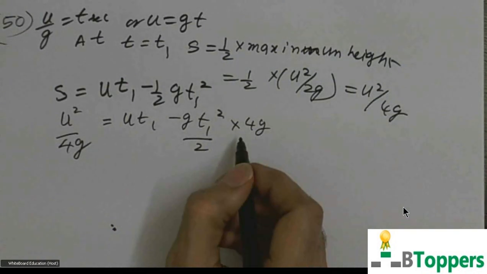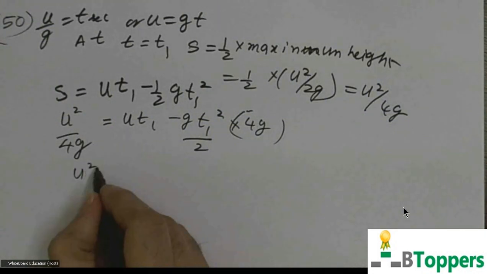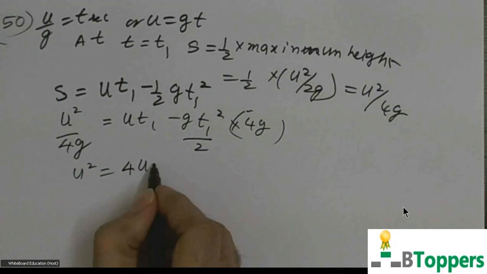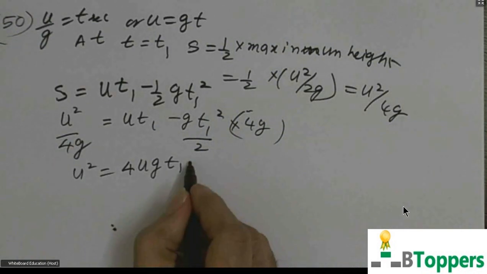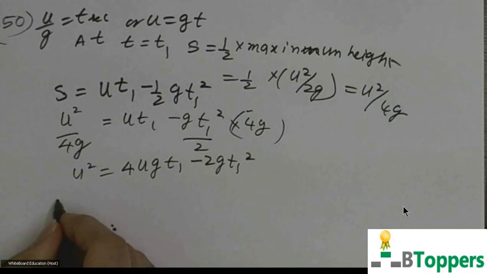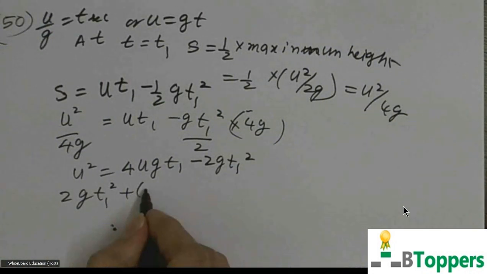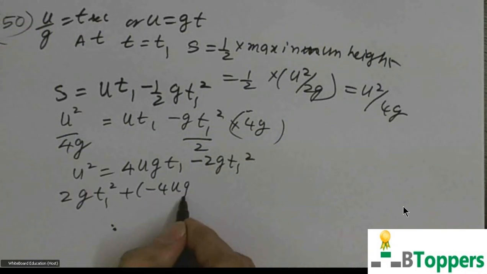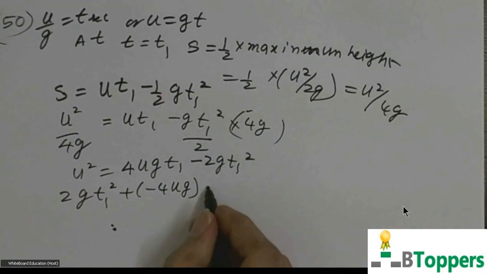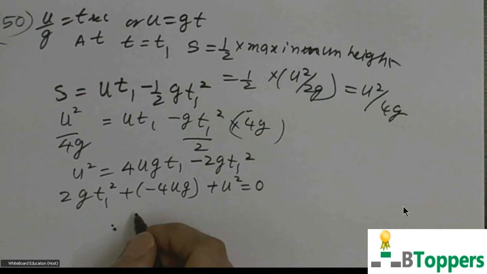Multiply this equation with 4g. You get u square equals 4ug t1 minus 2g t1 square. So you get 2g t1 square minus 4ug t1 plus u square equal to 0.